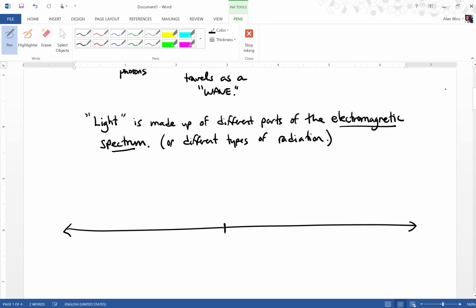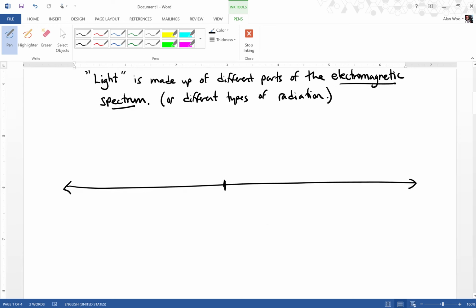We're going to have a point right in the middle here, and a whole bunch of other points along this spectrum, along this timeline.